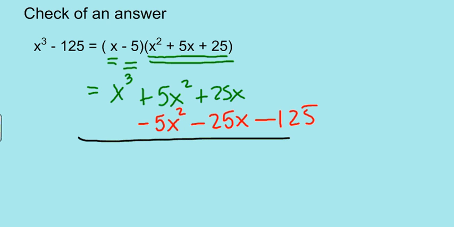If I add the like terms together, I am left with x cubed, the second term equals 0, the third term equals 0, minus 125. So I know that I have done the problem correctly. Checking it does not take that long, probably about 20 seconds of time.